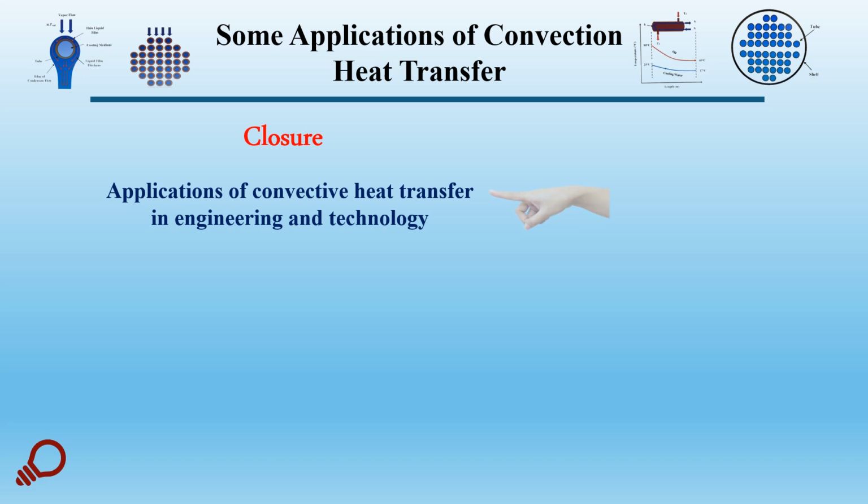In this video, we passed through some of these applications where convection heat transfer is the primary mode of heat transfer. And we talked about heat exchangers and some of the applications in power plants and the petrochemical side.